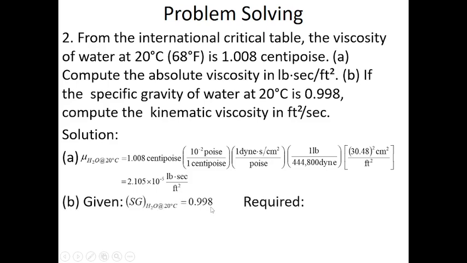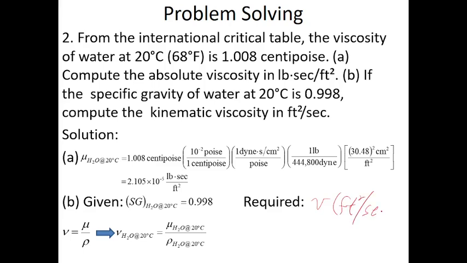Now, letter B. The specific gravity of water at 20 degrees Celsius is 0.998. Find the kinematic viscosity in square foot per second. So what is required is the kinematic viscosity in square foot per second. We know that kinematic viscosity equals absolute viscosity over density.